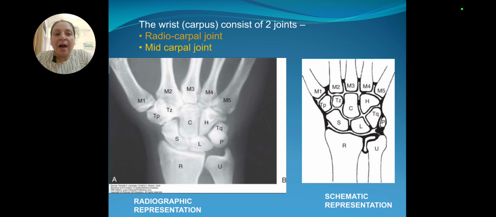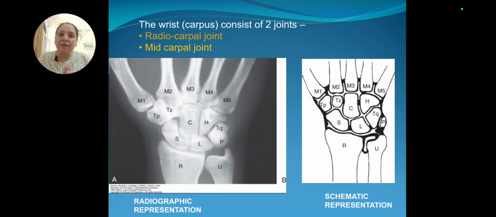The pisiform is a very small bone which is floating in between, so it doesn't take part in the radiocarpal joint. So the radiocarpal joint is formed by the distal end of the radius as well as the scaphoid, lunate and triquetral, whereas the mid-carpal joint is the joint between the proximal and the distal carpal rows of the wrist.